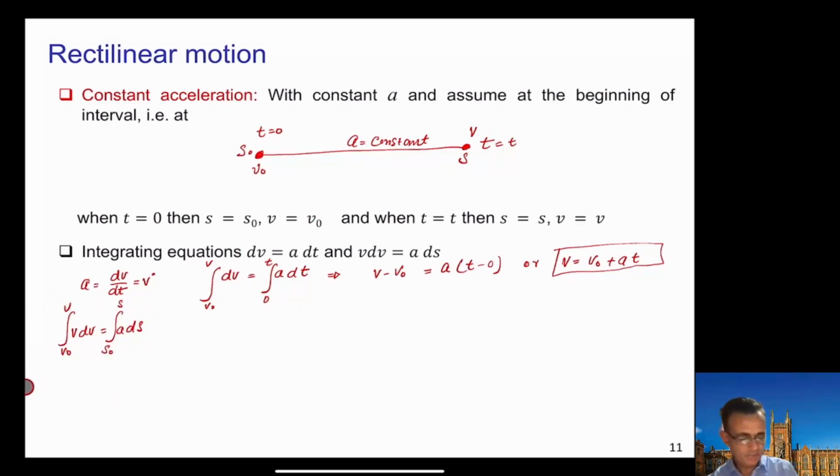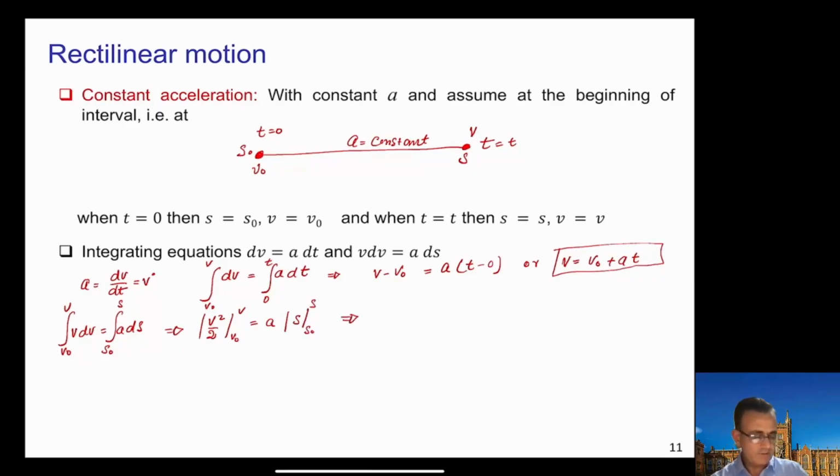Now if you do the integration here, for the left hand side it's v with respect to v, so you will get v square divided by 2, and you put the limits of integration, which is v naught to v. On the right hand side, you have a, which is constant, and you will have s, from s naught to s.